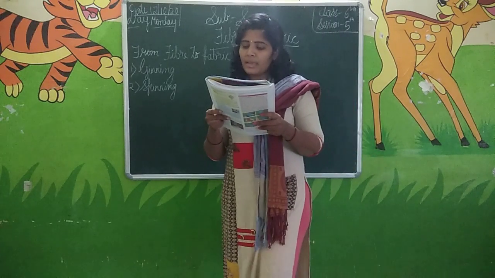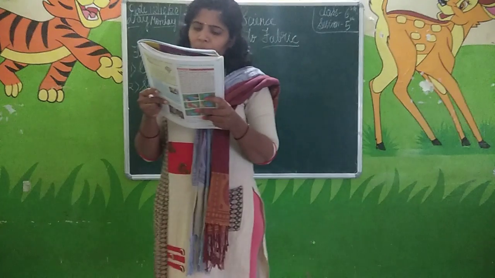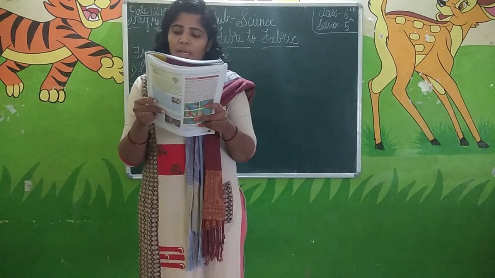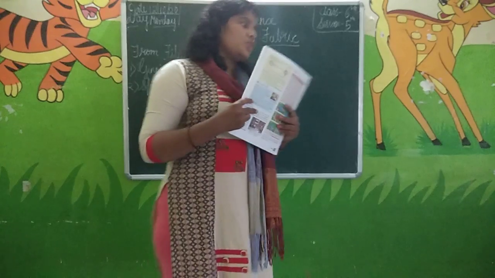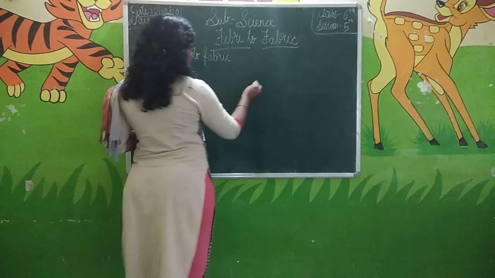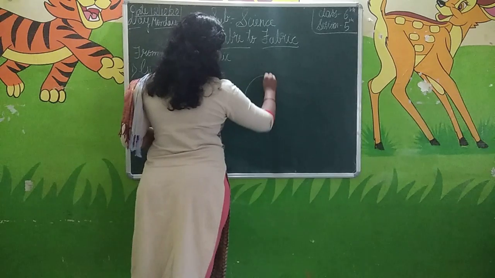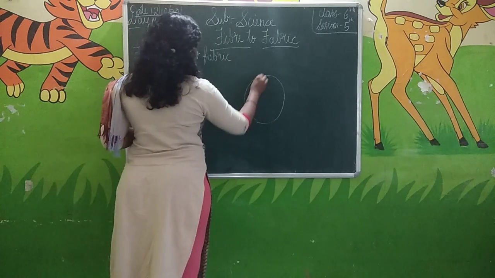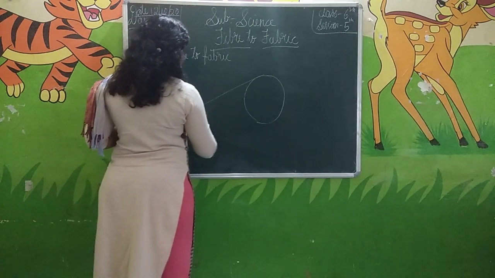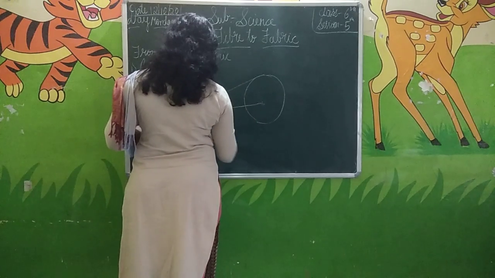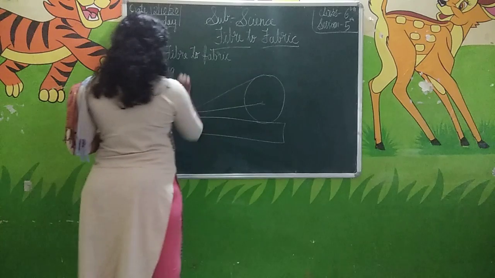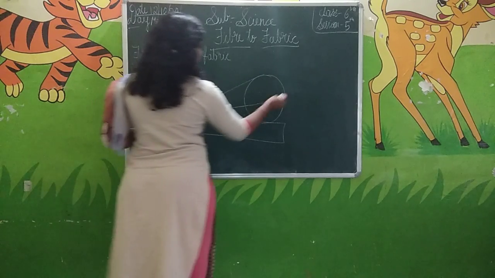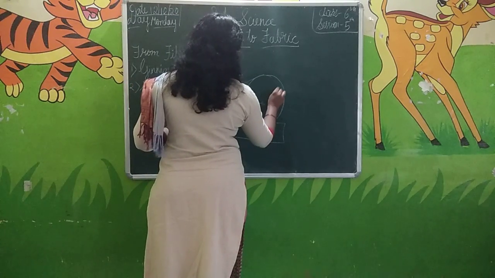In earlier days, they used to spin the thread using the charkha. You have seen Gandhiji's picture, no? It is a charkha-like structure, circular in shape, with a stand and a handle.